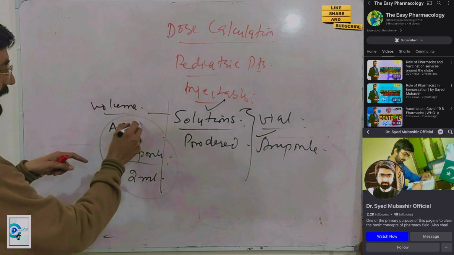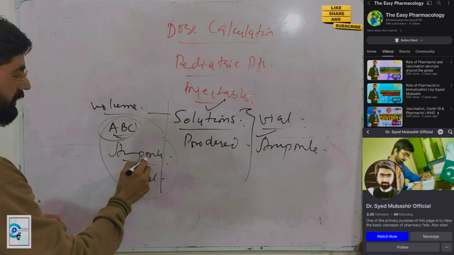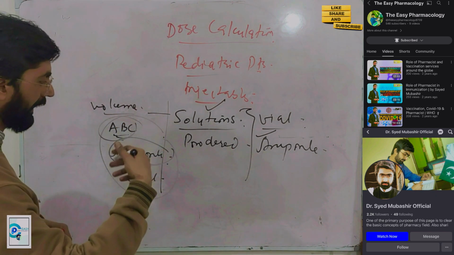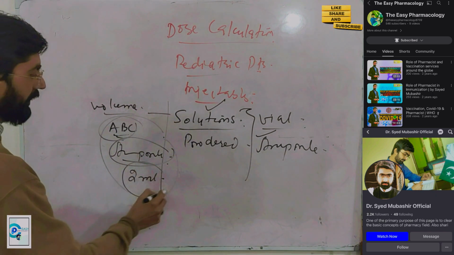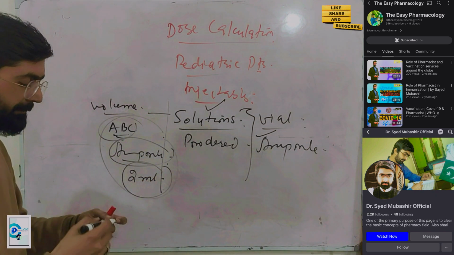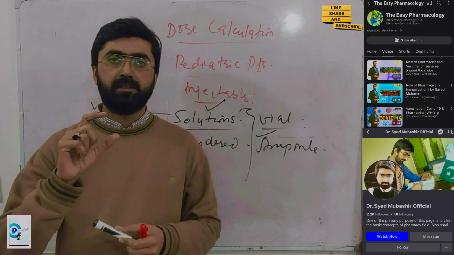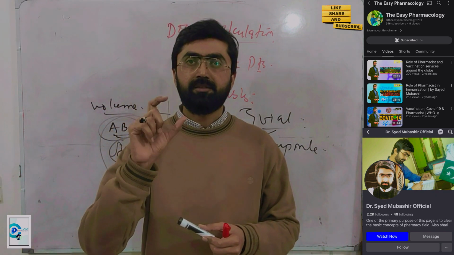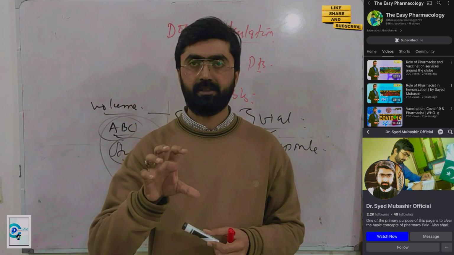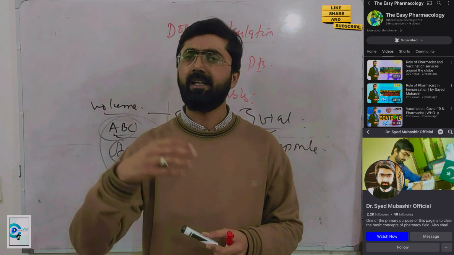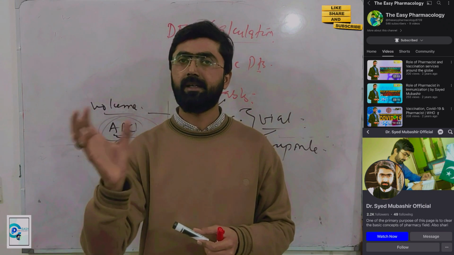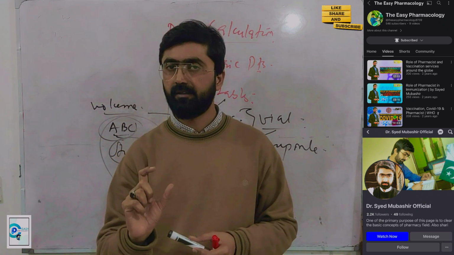So if drug ABC is contained in an ampoule and the total volume of the ampoule is 2 ml, along with this, there is a strength mentioned on that ampoule or container. In any dosage form, any container, the strength is mentioned.